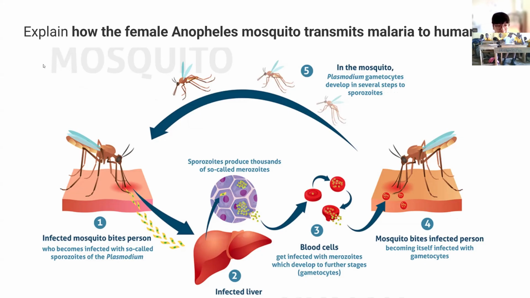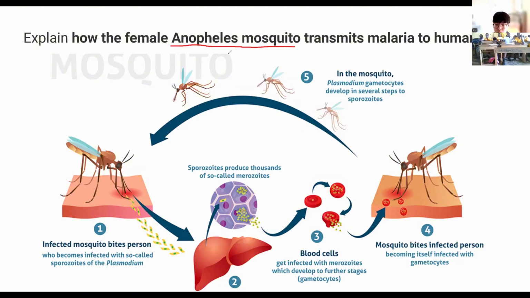So, yeah, now let's look at how the female Anopheles mosquito, a specific mosquito species that transmits malaria, spreads it. So this is the malaria transmission process. Number one, what happens? An infected mosquito bites a person.